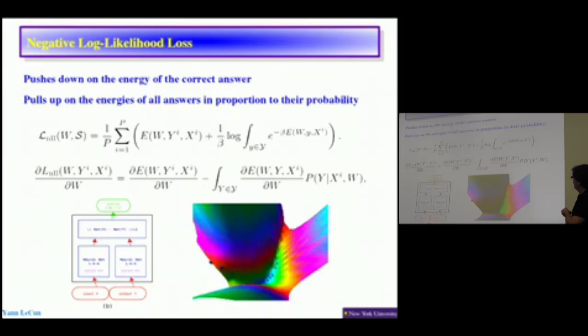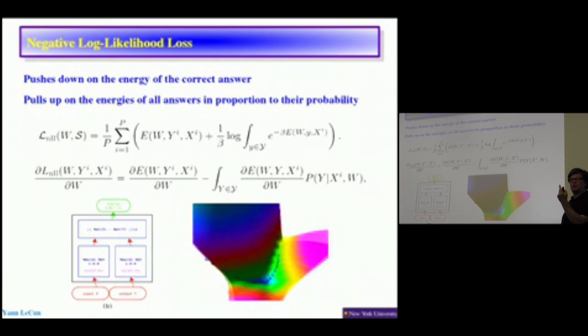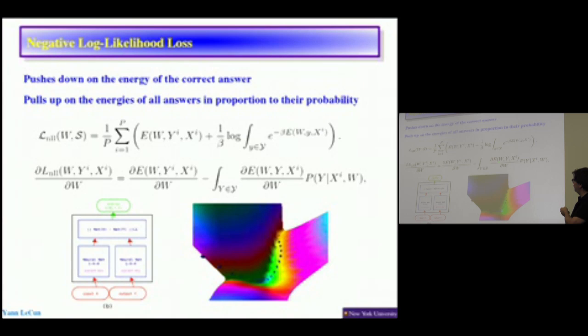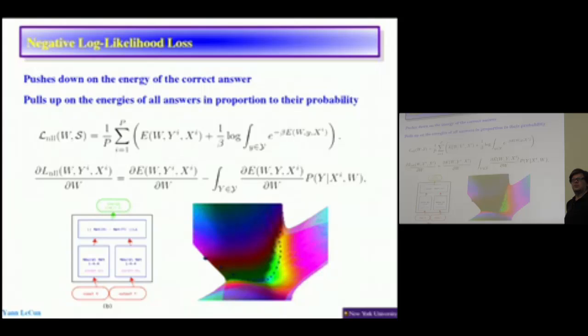So you will observe that for the value of y that's equal to yi inside this sum, this guy here pushes down with a force of 1 the energy of the correct answer. And this guy, because of the negative sign, pushes up the energy of the correct answer with a force equal to the probability that our model gives to this correct answer. Okay?